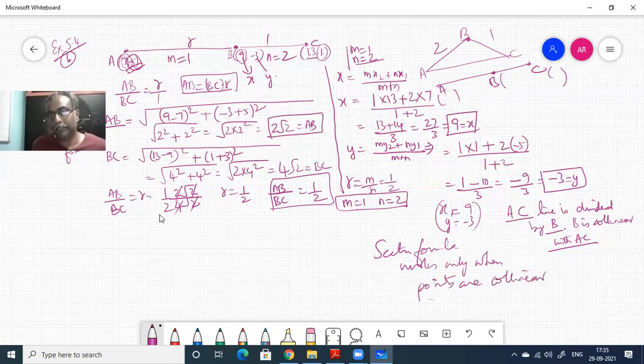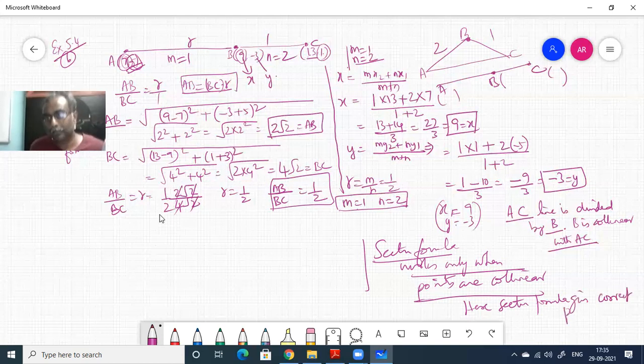So here section formula is working. It gives the correct point. Therefore, A, B, and C are collinear. You understand? Because section formula will work only if the points are collinear.